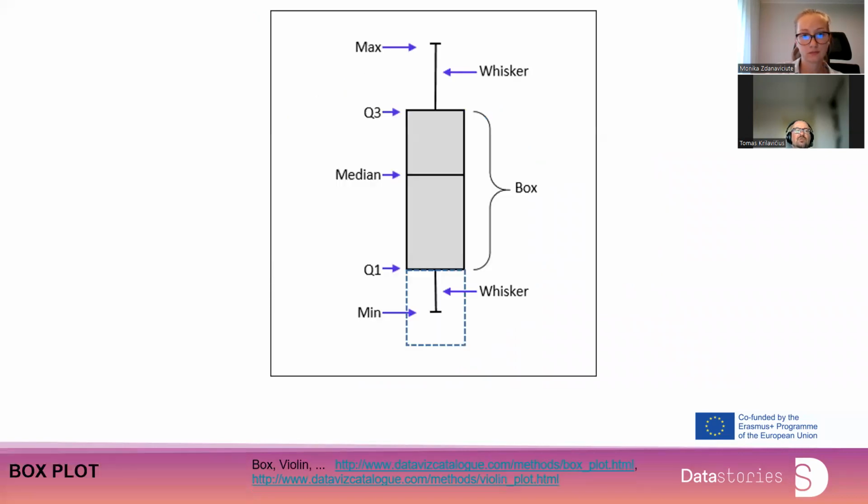Okay, so let's move on. And then a bit more complex way to visualize data, but it's one of the main tools actually for data analysts, data scientists, statisticians. It's called a box plot. In a box plot, basically again, you see distribution, but you get a lot of additional information.